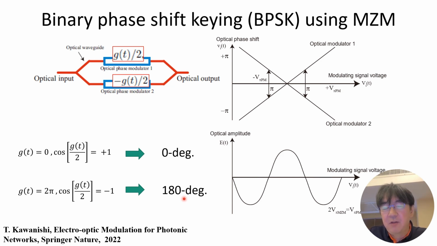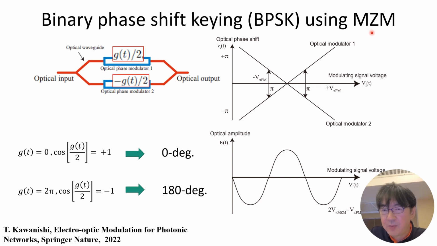We call it phase shift keying, but in other words, amplitude shift keying with two symbols, +1 and -1. +1 and -1 can be described by 0 degrees and 180 degrees. It's a special case of phase shift keying. So that's why we can generate a binary phase shift keying signal by the modulator.